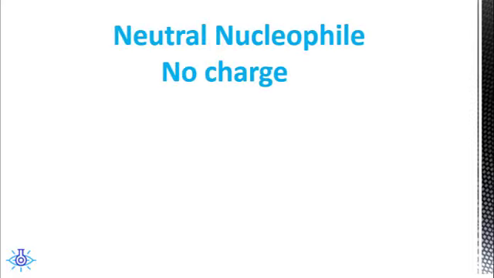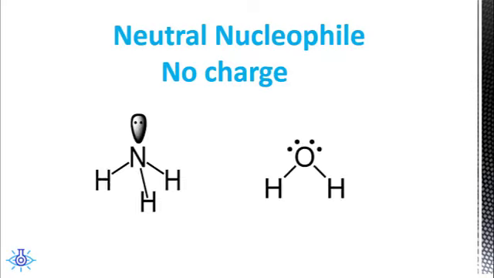Next is the neutral nucleophile. Neutral nucleophiles have no charge on them. Ammonia and water are very good examples of neutral nucleophiles. They have lone pairs of electrons, which means electrons are in excess and there is no charge on them. Hence they are called neutral nucleophiles.